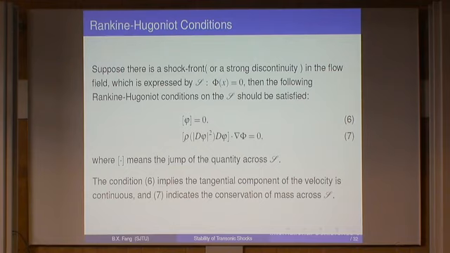So which means that the potential is continuous across the shock front, and this actually means the conservation of mass across the shock front. And also this condition indicates that the tangential component of the velocity across the shock front is continuous.